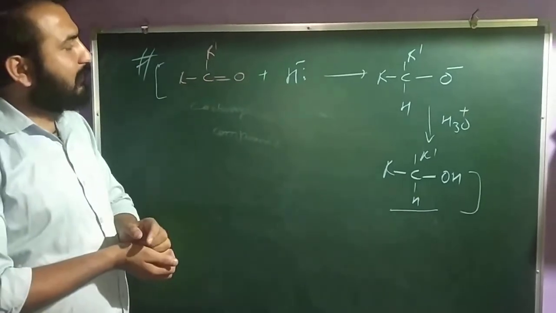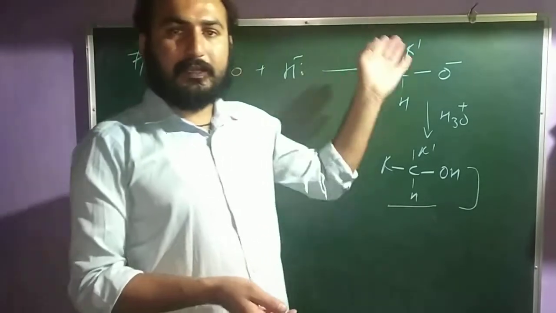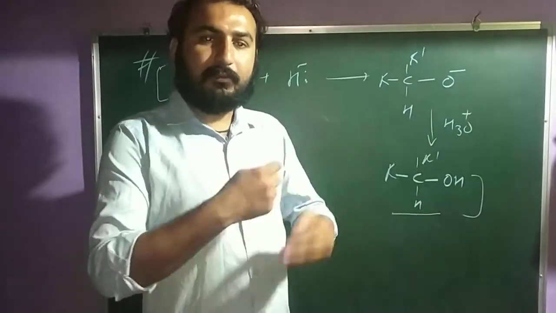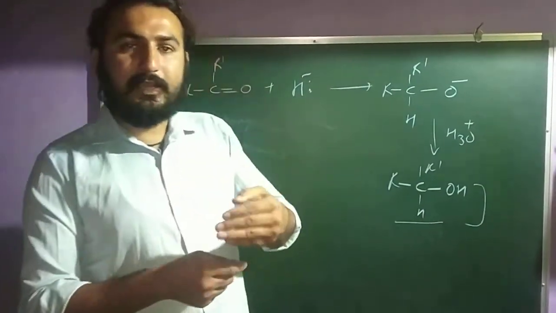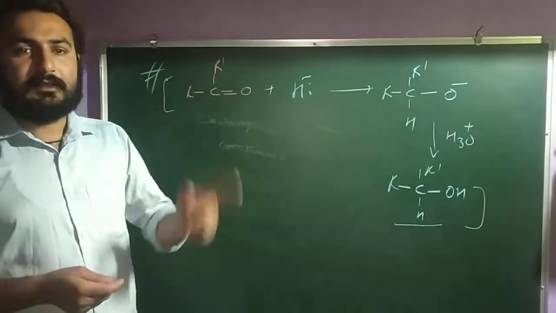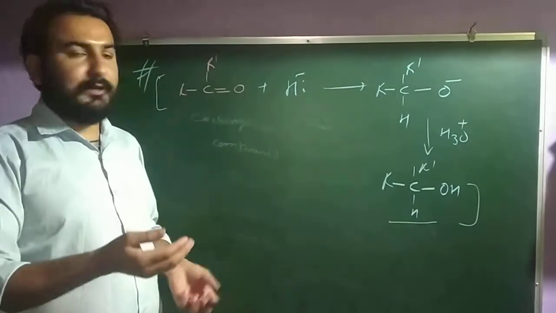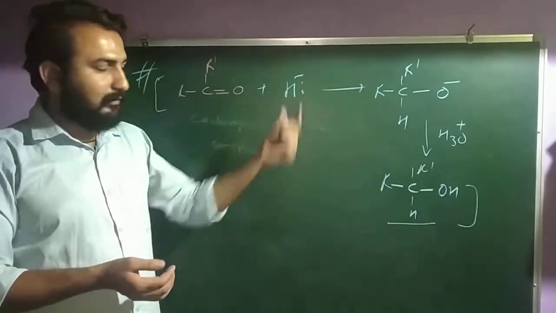So this is your second method to prepare alcohol, by the reduction of aldehydes and ketones. But remember, the reduction of aldehyde gives 1 degree alcohol, and the reduction of ketone gives the second degree alcohol. Now we will discuss the third method to prepare alcohol.